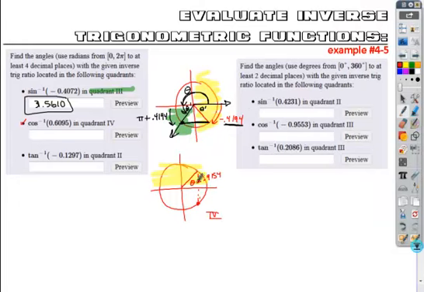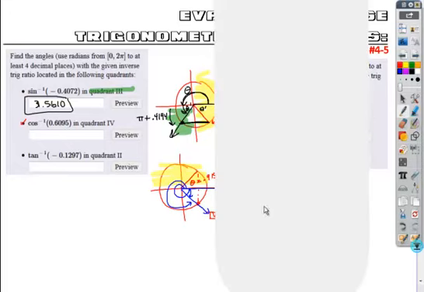But I'm not looking in quadrant 1, I'm looking here in quadrant 4. So to find this whole angle from here all the way through this point that has the same cosine, or same x coordinate on the unit circle, I can find it by going through this full rotation from here and then removing this much of it. So here I'm going to take 2 pi and remove 0.9154, and that gives me the answer I'm looking for.